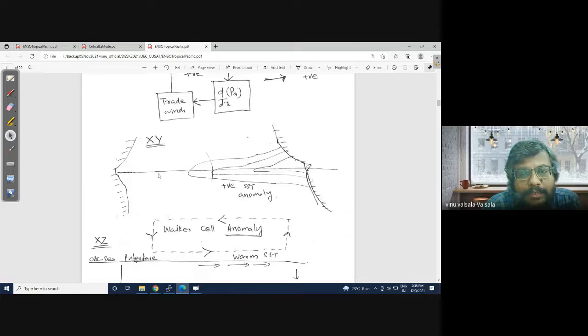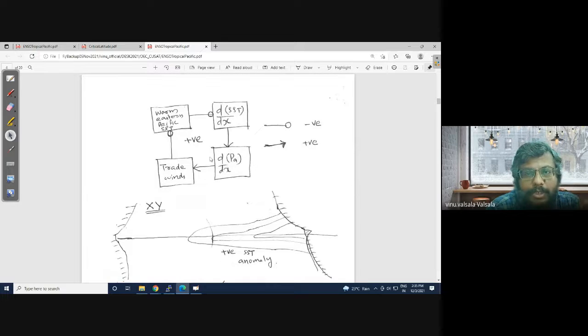So it's a possibility that this incoming negative Kelvin wave can interact with the previous Kelvin wave or SST anomaly there, and they can kill the SST anomaly. And this killing process can give you a negative feedback to the system. El Nino collapses, and the Pacific Ocean can come back to the normal stage.